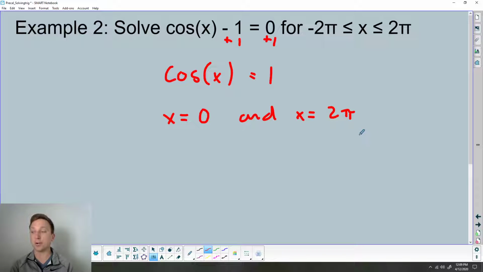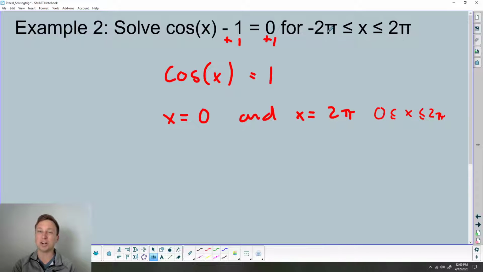So right there I was thinking of a domain between 0 and 2 pi. When I went one revolution around the unit circle, I thought of x values between 0 and 2 pi. So I've considered part of our domain, but not all of it.